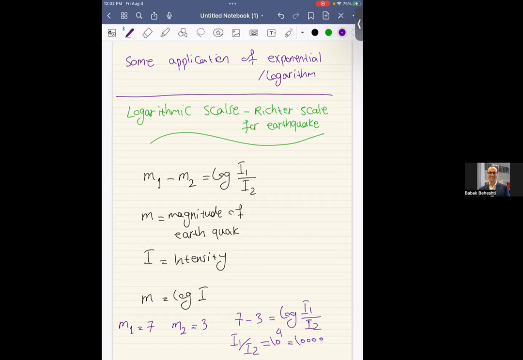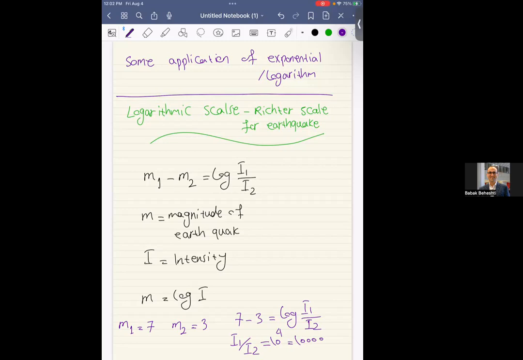So go back to your question. When I say log of something with base 10 is equal to 4, that means I1 over I2 is 10 to the power 4, which is 10,000. So the difference between the intensity of these two earthquakes with magnitudes 7 and 3 is 10,000.